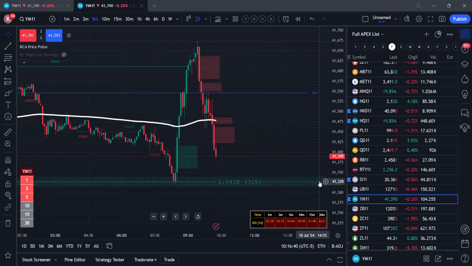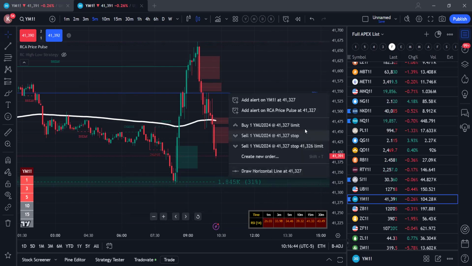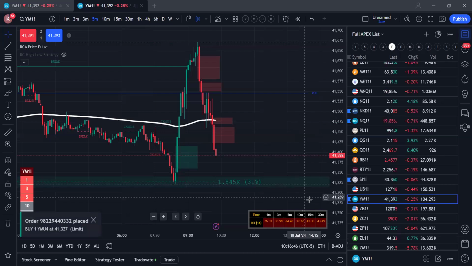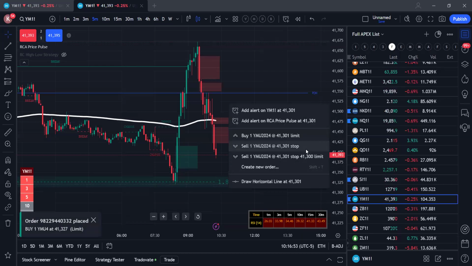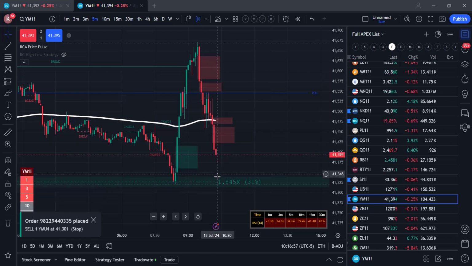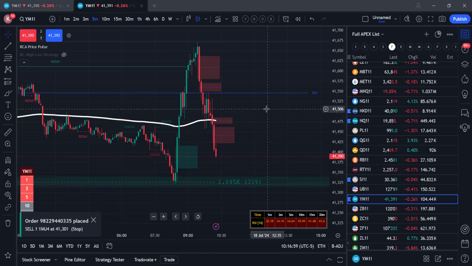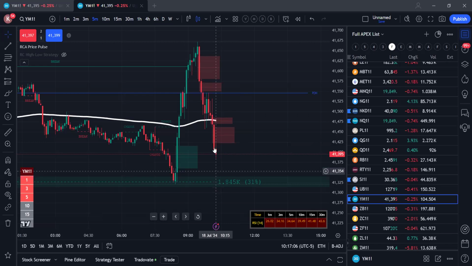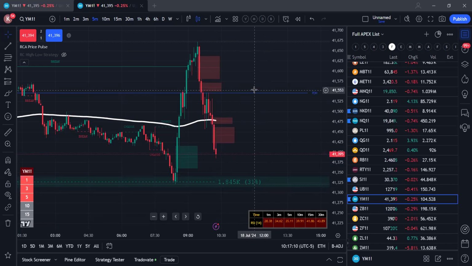If I want, I can do a buy YM at that level. I can also put a stop order here, sell YM at this level. There is a high possibility for YM to come here and then bounce back. I don't need to keep waiting for it to come here, because sometimes it will come here and suddenly there will be a big bounce.